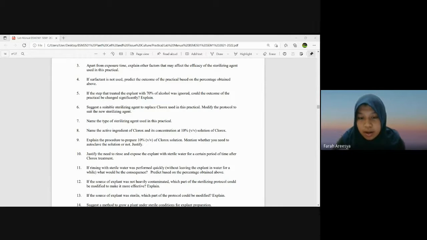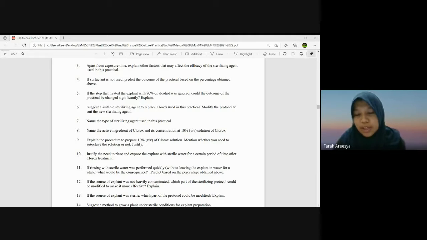So if it was not heavily contaminated, the amount of organic material may be lower. So the 10% Clorox maybe can penetrate the leaf more easily.